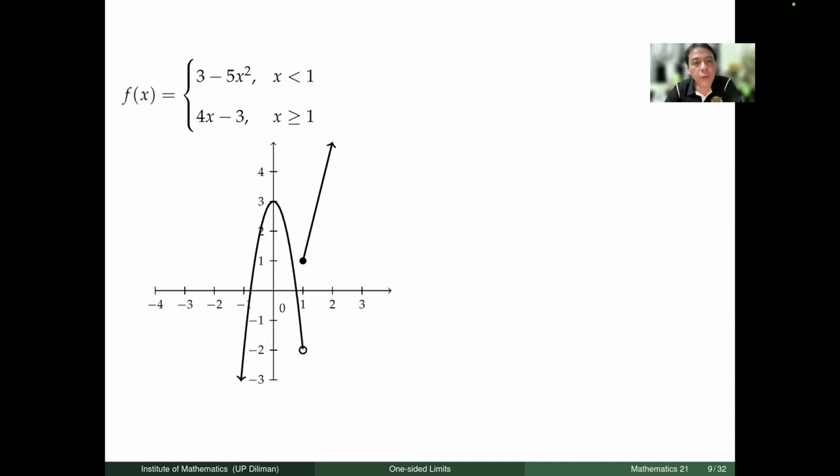So, let's go back to our example. What is the limit as x approaches 1 from the left? When x is approaching 1 from the left, which function do you use? x approaches 1 from the left means x must be less than 1. So the function that we use is this function, because x is less than 1.